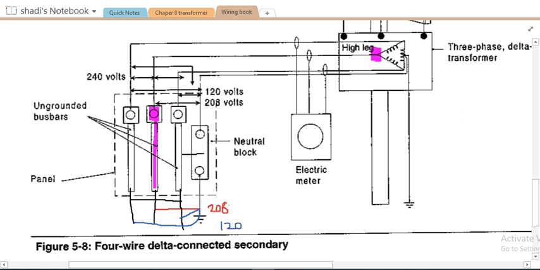So as you can see, now we have the three voltage levels: 208 between the high leg and the neutral, 120 between the neutral and phase 1, the neutral and phase 3, and also we have the 240 between any line and the other, line 1 to line 2, line 3 to line 2, or line 3 to line 1.